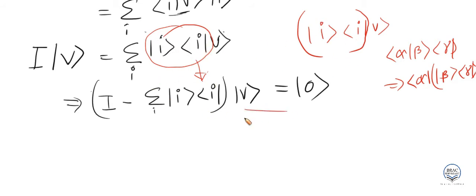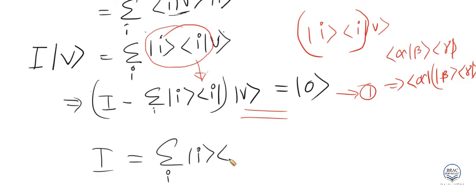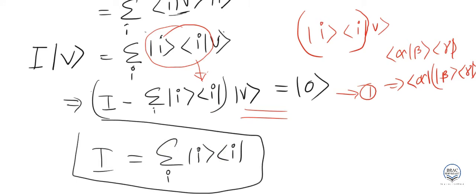And if you look at this equation, let's call this equation 1, you can get a very nice identity that is known as this. Why is it so important? This is called the completeness relation.